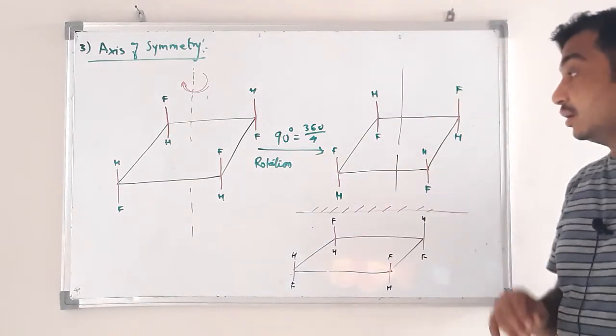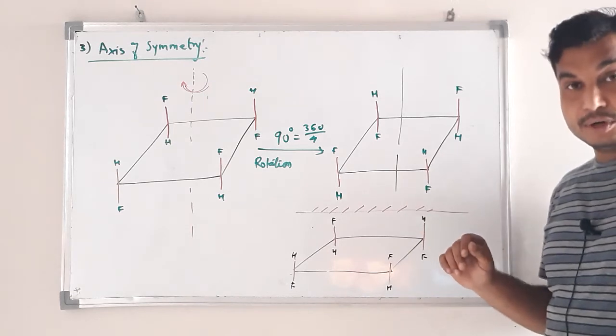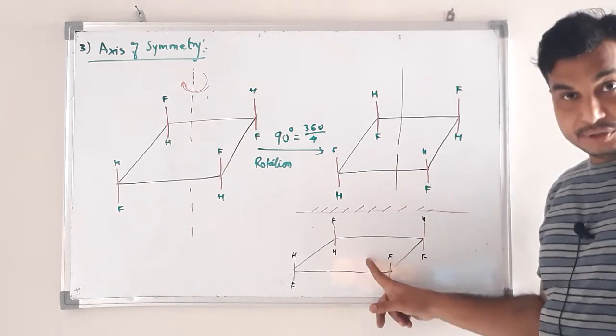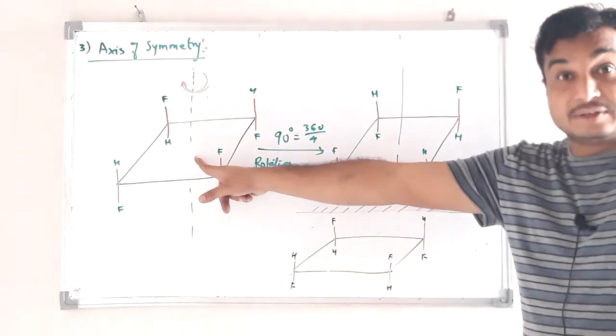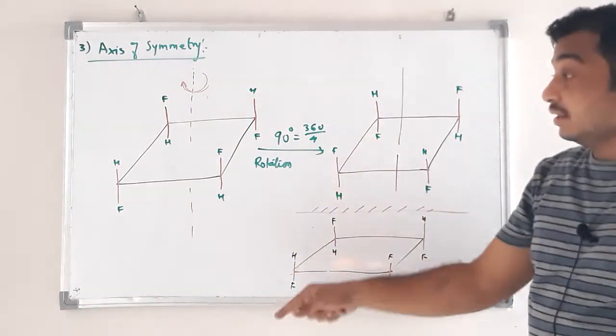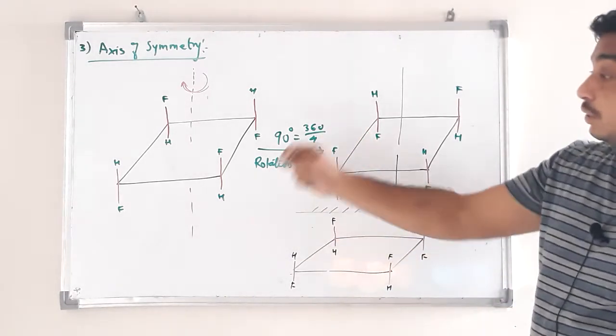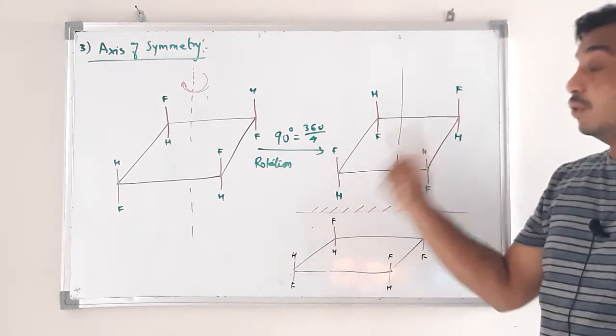We get this image, and this image is nothing but the original one. Then the molecule is said to have 4-fold.